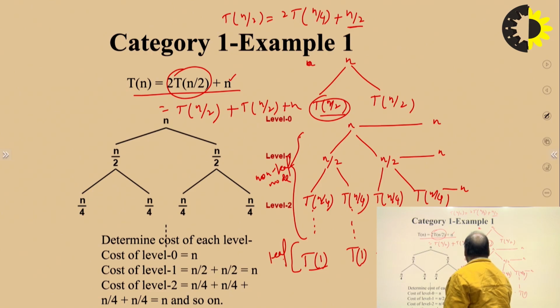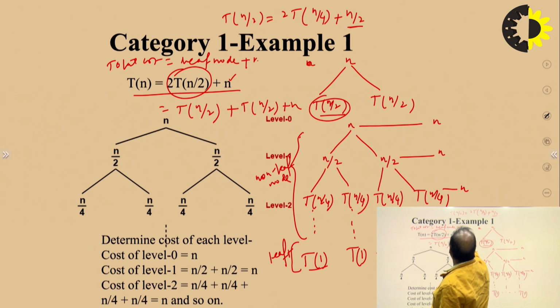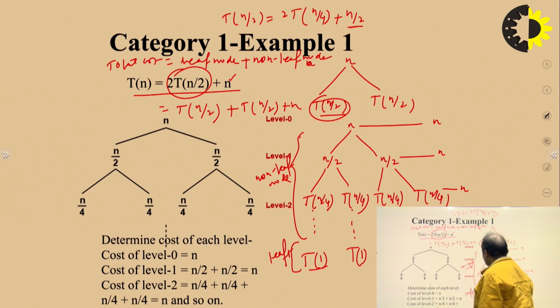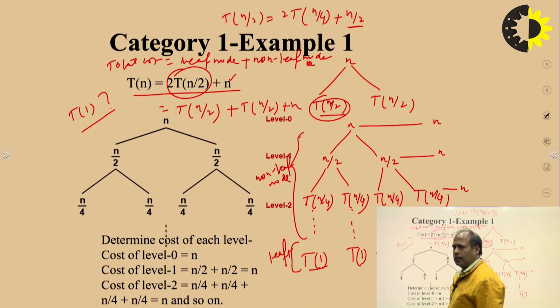So the total cost will be leaf node plus non-leaf node. Yes, this is the total cost. So the first question arises when we are reaching T(1). This is question number 1. When we are reaching T(1), how do we calculate it?